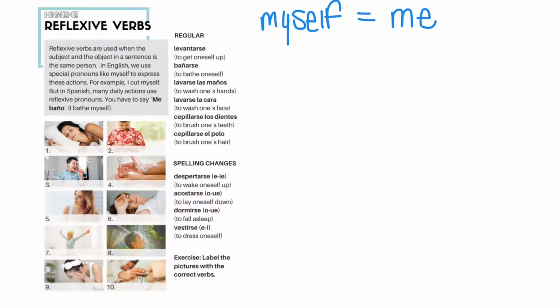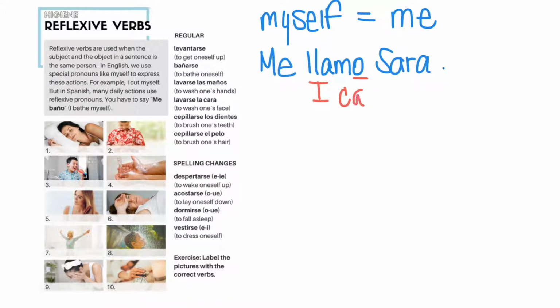You probably learned this all the way back at the beginning when you learned how to say me llamo, and a lot of people think that you're saying my name is. You're really not. When you say me llamo, for example, me llamo Sarah, I am using a reflexive verb, and I'm really saying I call, because we know that this is conjugated in the yo form, and then me is going to be myself.